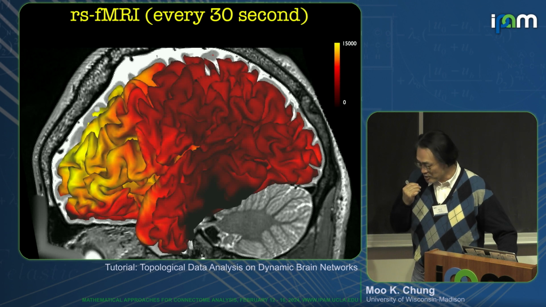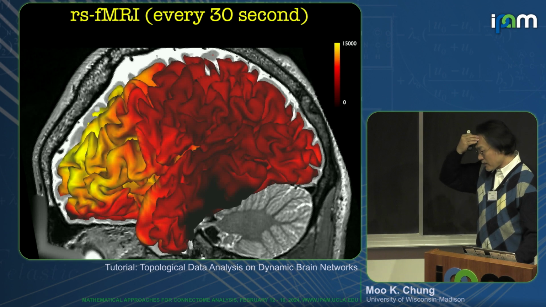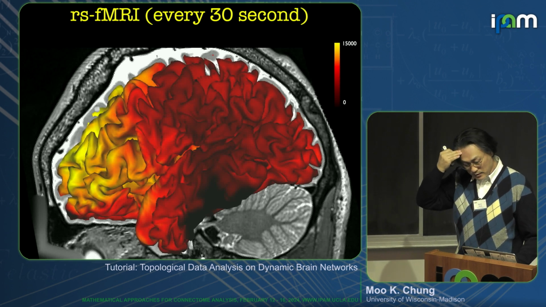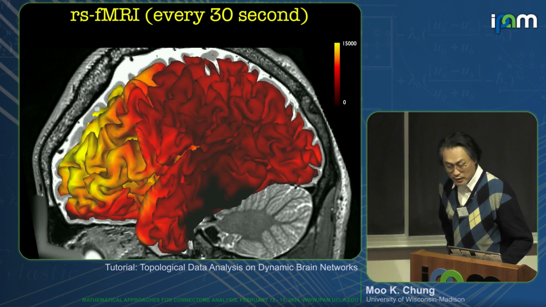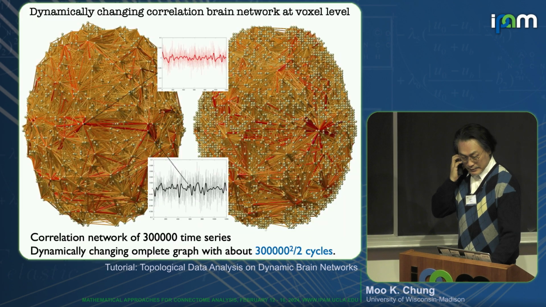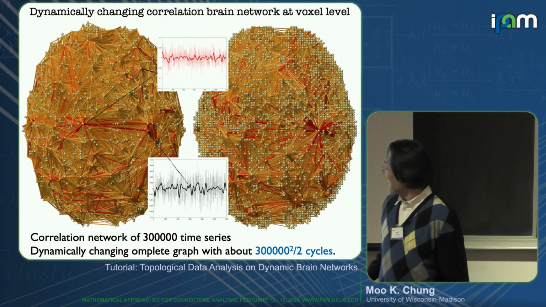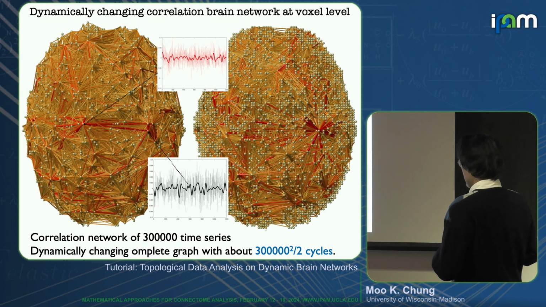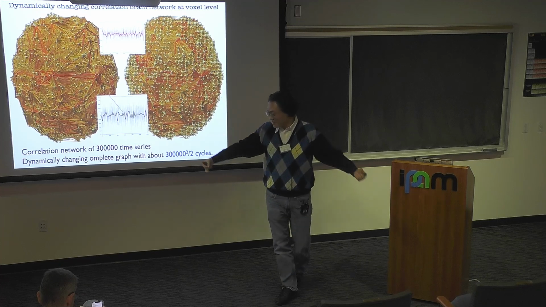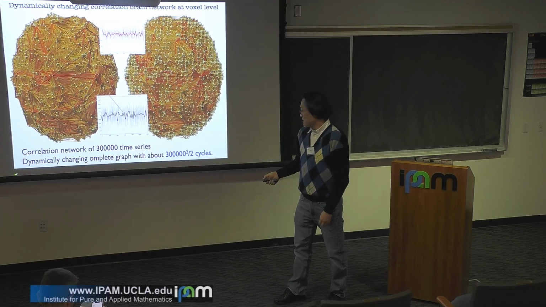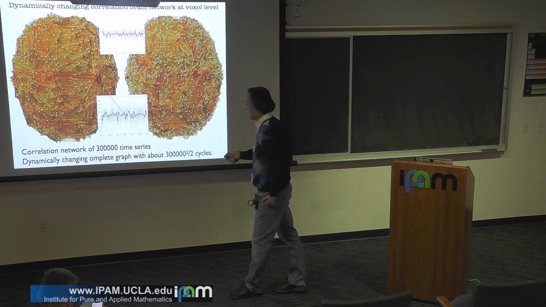Resting-state fMRI has to be related to the anatomy. Simply analyzing the resting-state fMRI functionally, I don't think it's that meaningful. We have to correlate with the anatomy. So this is an example. Eventually, with resting-state fMRI, we can construct a gigantic correlation matrix. The correlation is basically the Pearson correlation.